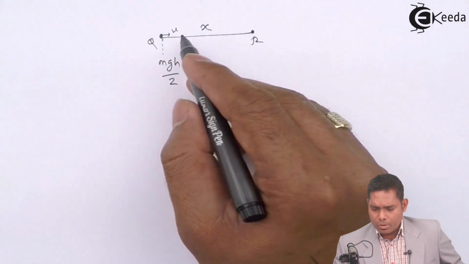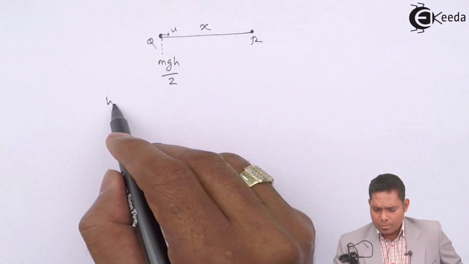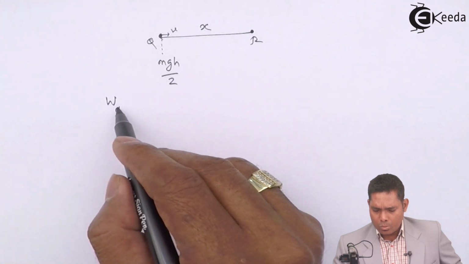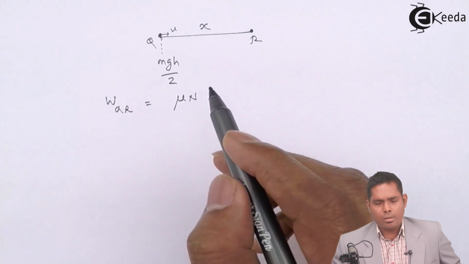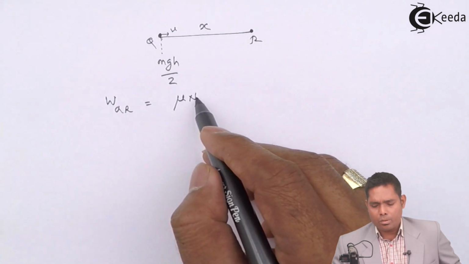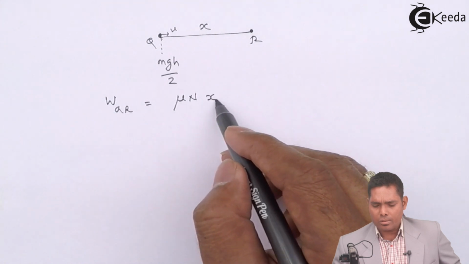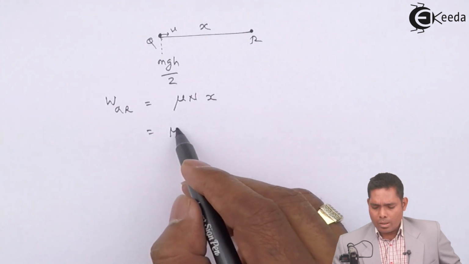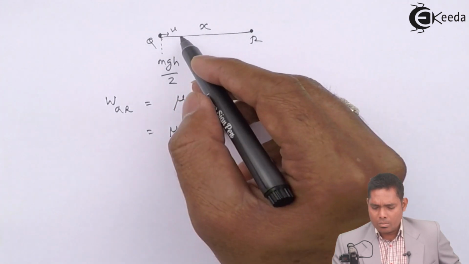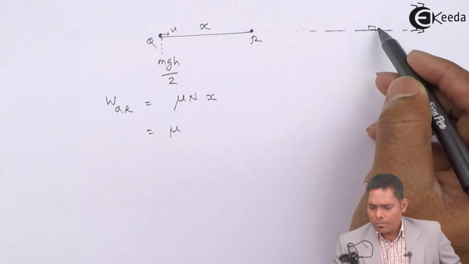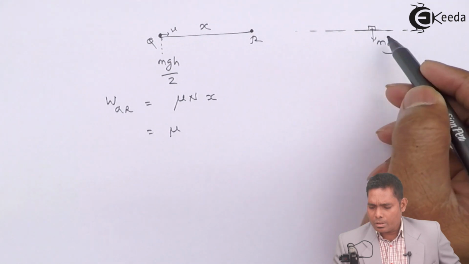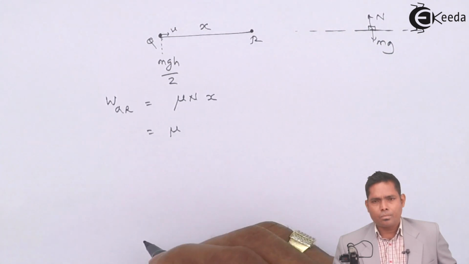So work done by friction from Q to R equals, again it is mu N, that is the force of friction, into the distance x. Mu N in this case is mu mg, because this is on the horizontal surface. When the body is on a horizontal surface, the mg is vertically acting downward and the normal direction is upward.